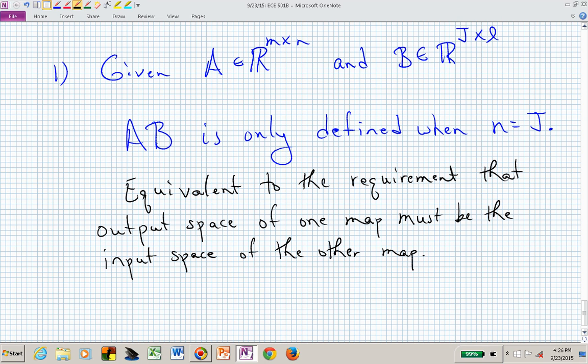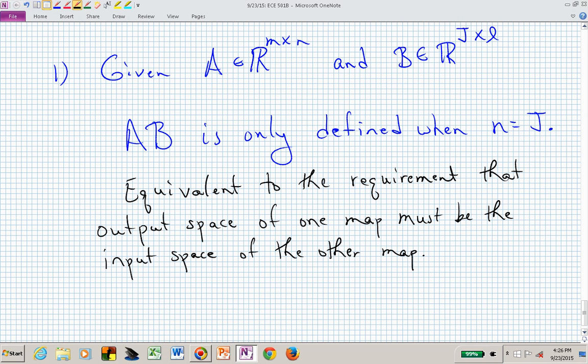Is it A? You want the output of B. You want to take that output, the result that B gives you, that has to be the input space of A. So think of a vector, let's say, post-multiplying B. That vector needs to be L rows tall and 1 column wide.